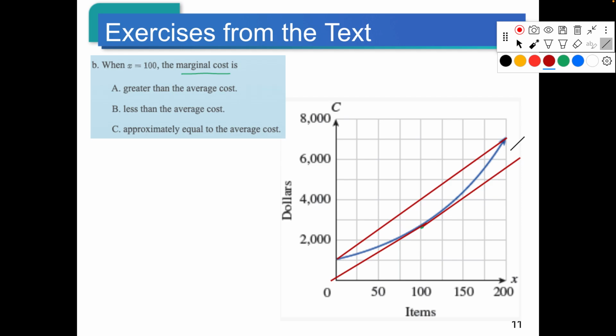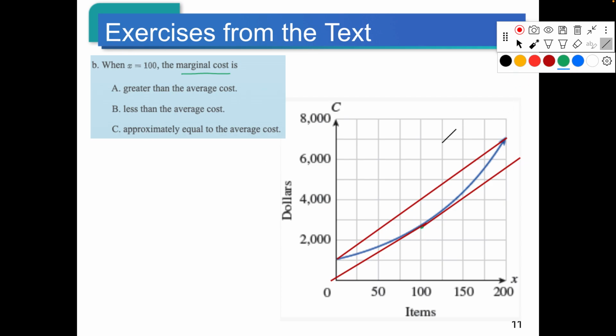About equal? Yeah. My drawing's not perfect. They're probably not perfectly parallel, but they're close enough. They look pretty parallel. If it's going to be something else, one's greater than the other, you could see that. If I was at maybe 150, it would be greater than. But at 100, it's about the same as the average cost.